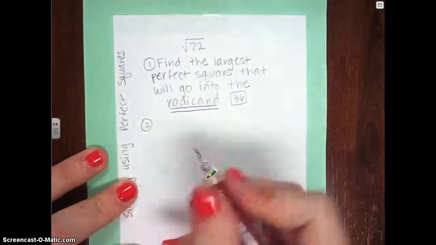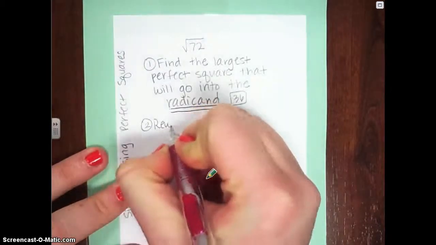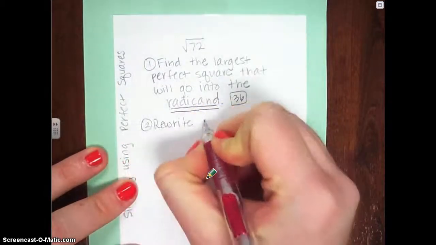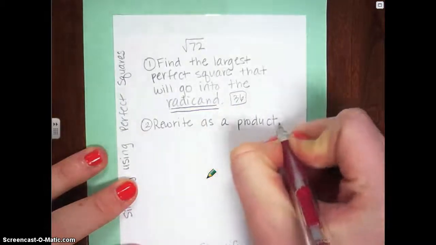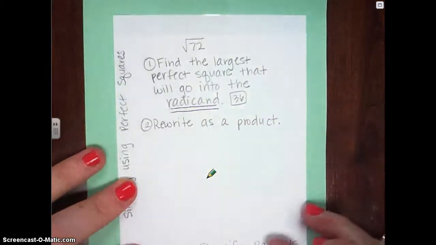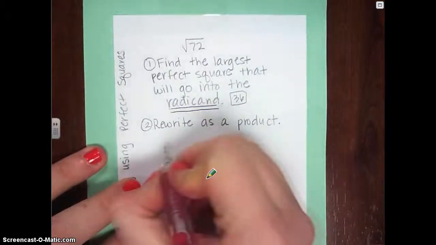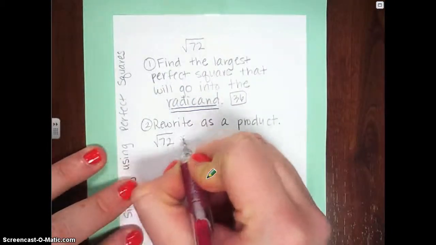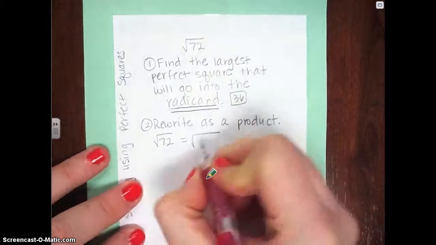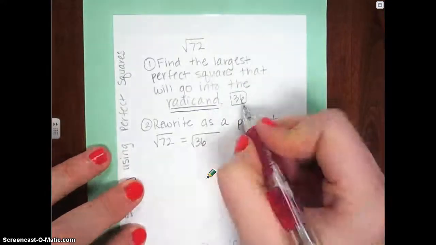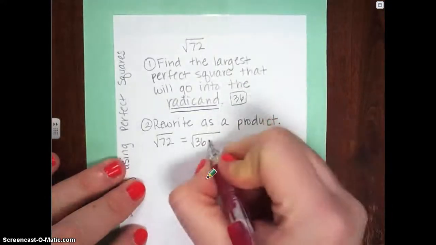Okay, step 2. Rewrite as a product. So a product meaning rewrite it as multiplication. So we have square root of 72, and we're going to rewrite that as 36, so that was the perfect square we found, times 2.